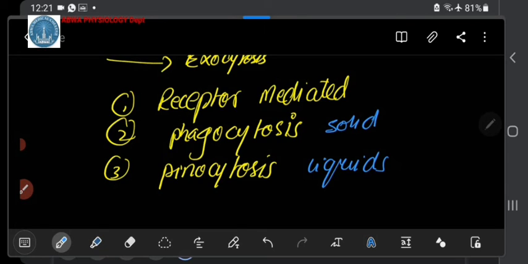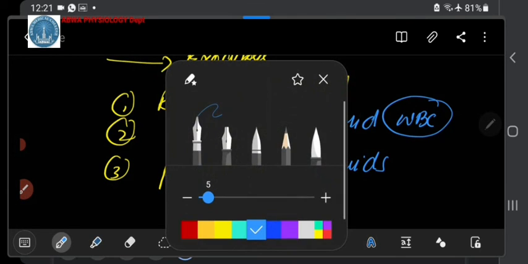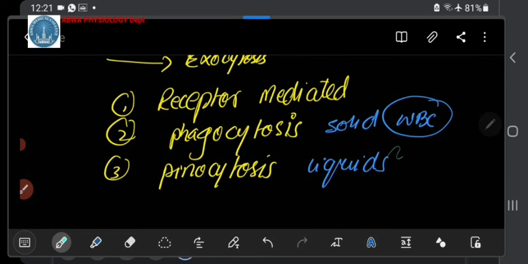For example, white blood cells surround and engulf bacteria. These are done by phagocytosis. Amino acids and fatty acids are taken up by pinocytosis.